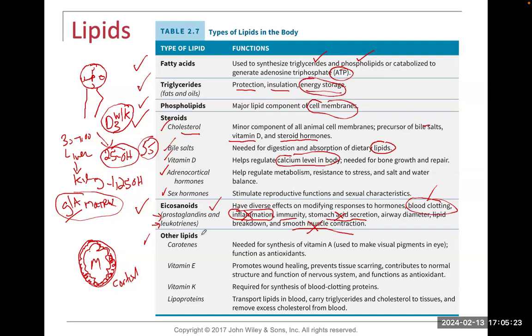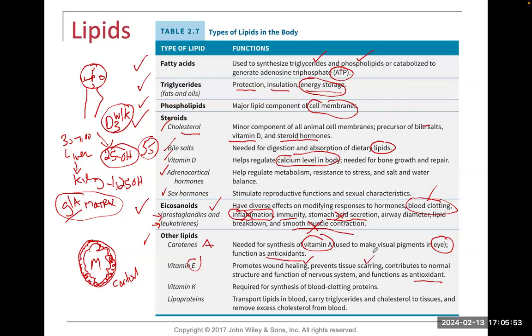Okay, other lipids, other fats. We have some fat soluble vitamins, vitamins A, D, E, and K. Carotene or carotenoids. These are needed for our body to produce vitamin A, which is involved in eye function. And it's also an antioxidant, as is vitamin E. Very powerful antioxidant, but it's also involved in wound healing.